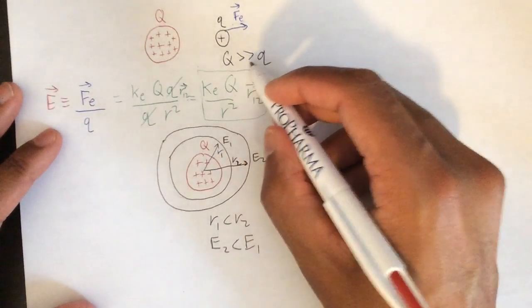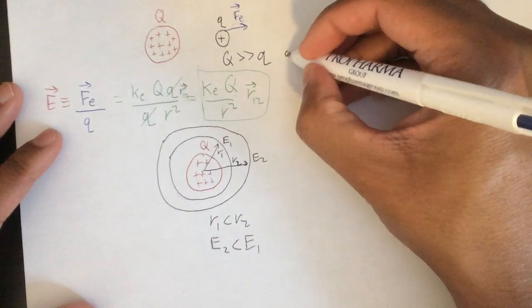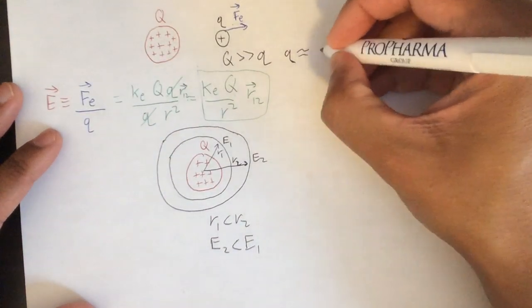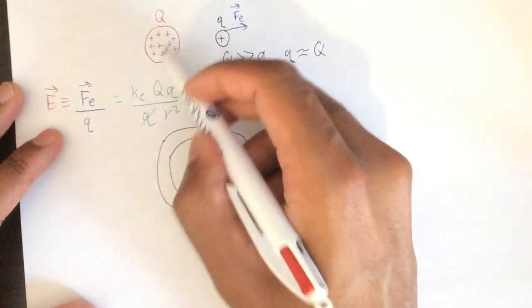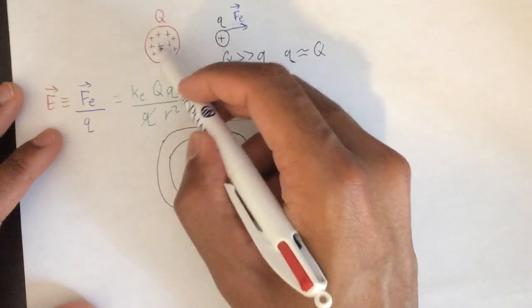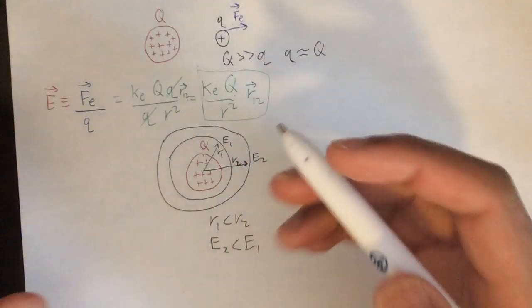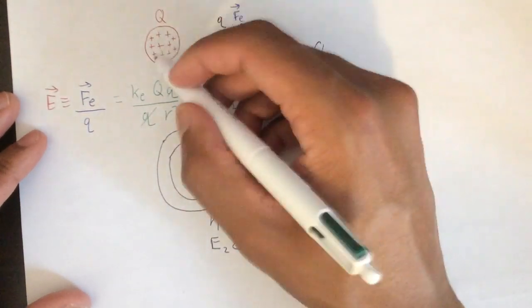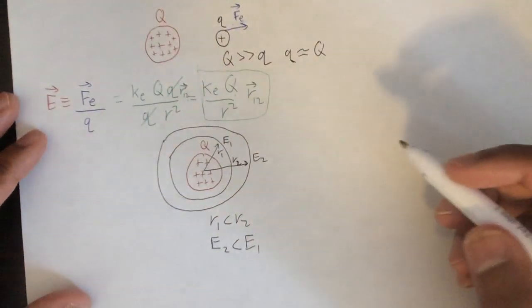If little q was proportional to big Q, the charges on this point charge might move around and have a different distribution, and that can actually affect the electric field that's generated here.